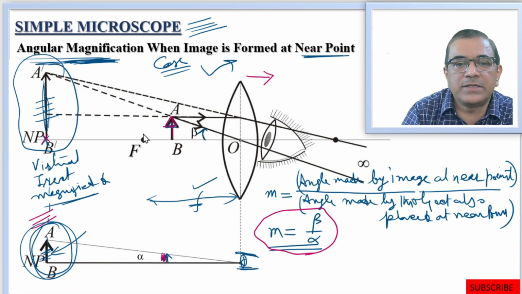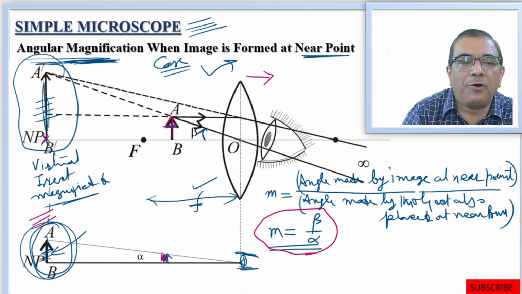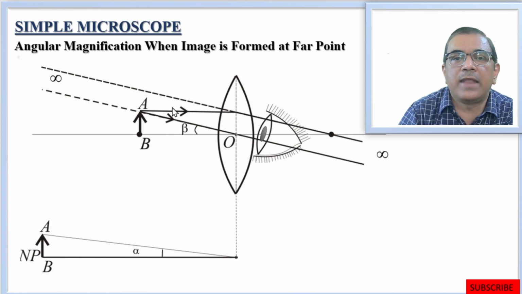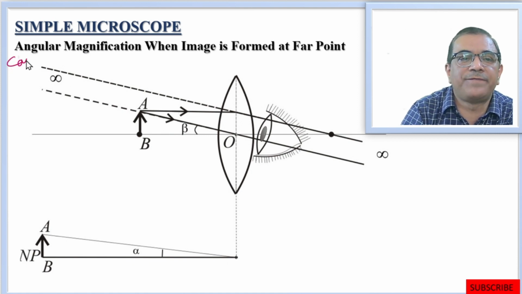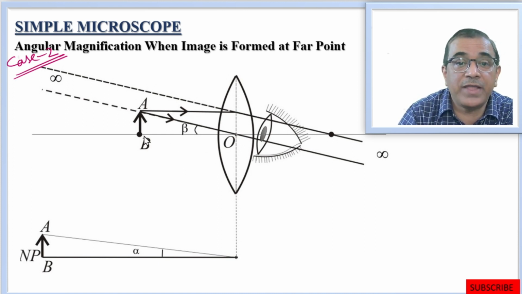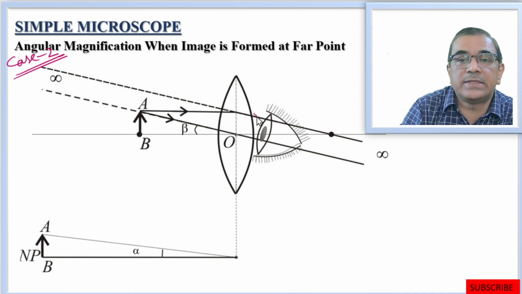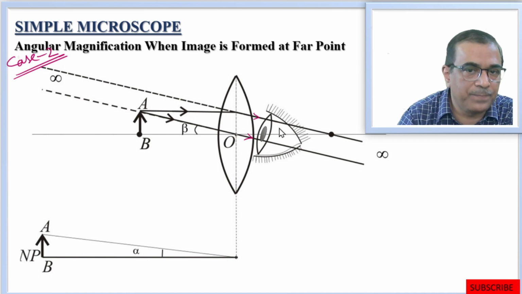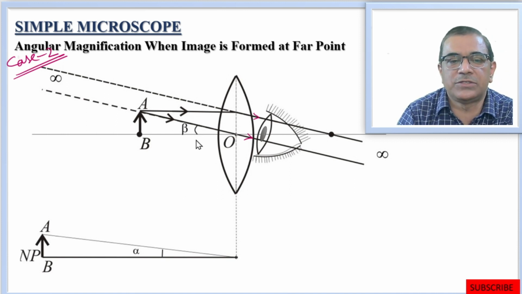When AB lies at the focus, then the final image will be formed at infinity. This is how the figure should look, and this is case number 2 as well. And we should be able to see this image as well. You see, these rays are parallel, traveling into the eye, and hence these will be focused at the retina. We should be able to see the image of this object.